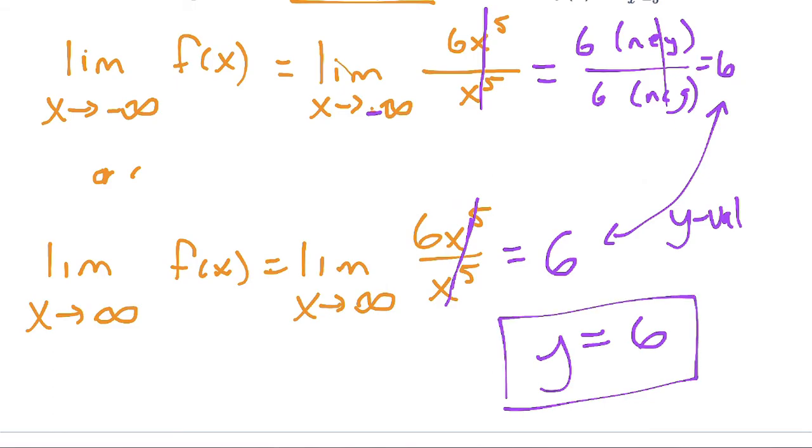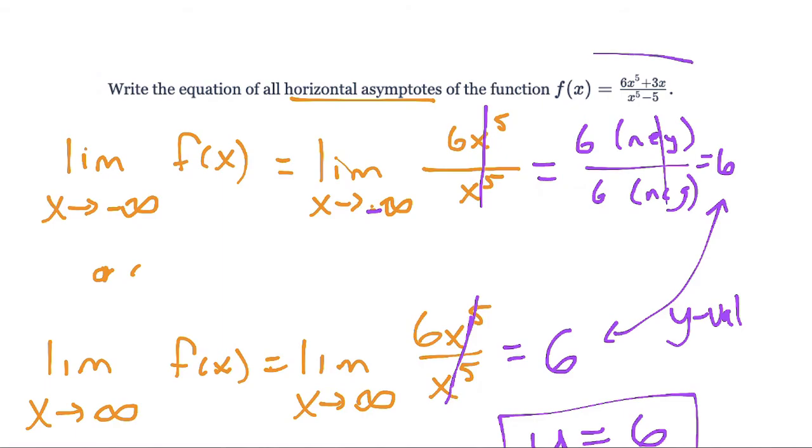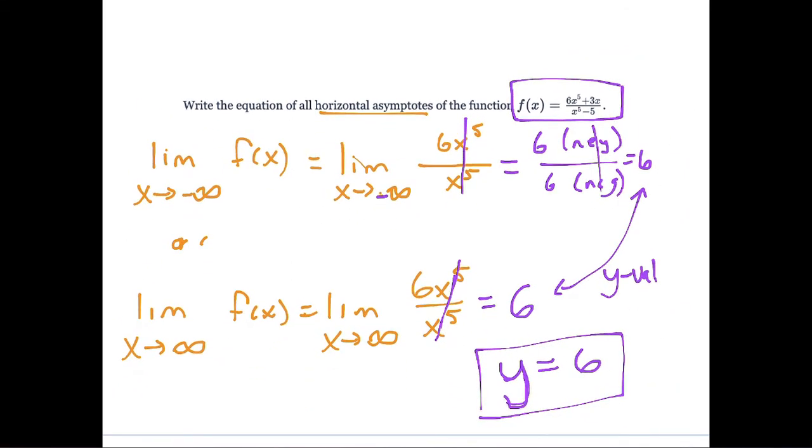Remember, y equals a number is a horizontal line, so that's the horizontal asymptote to this function. If you graphed this function, and I'd encourage you to go to your calculator that you got in your box at Park Connections and graph that, you'll see that the graph levels off at y equals 6.